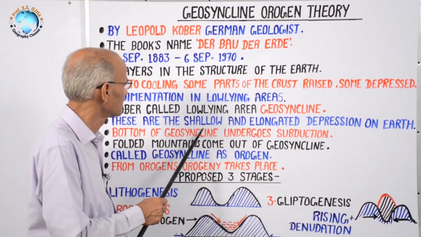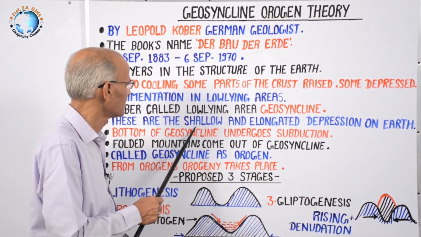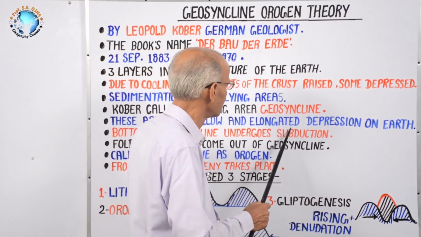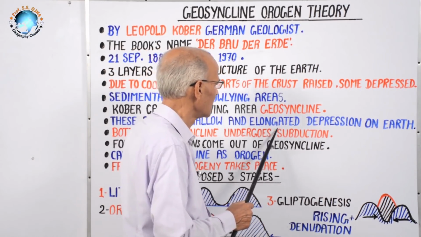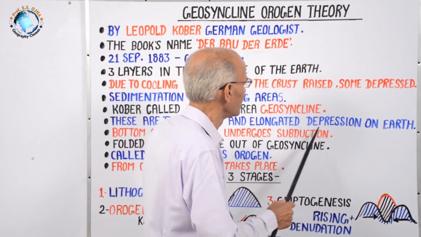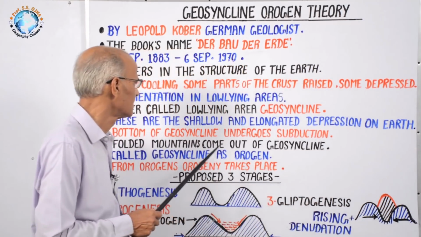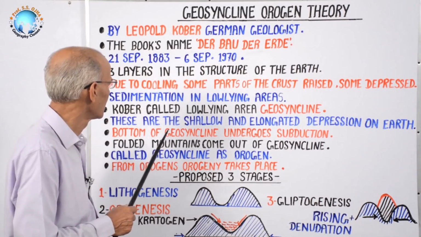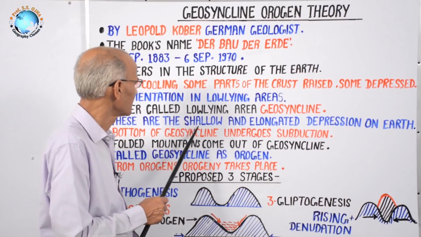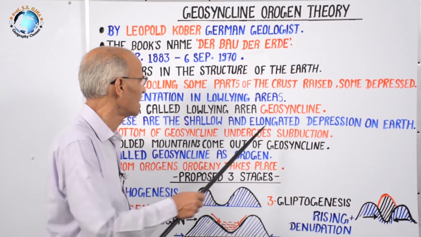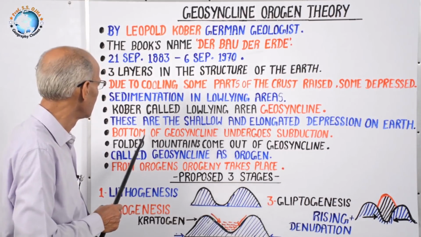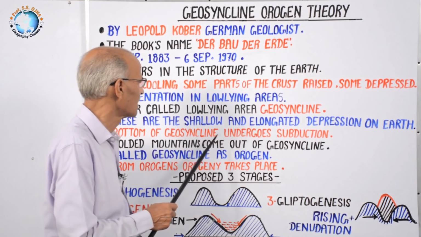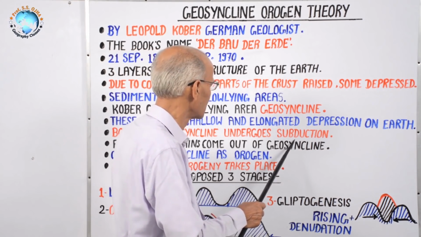What are geosynclines? He defined that these are shallow, not very deep, and these are elongated, not of circular shape. Elongated means long shape. Depressions means low-lying areas. So the definition given by KOBER of geosyncline was that these are shallow and elongated depressions, and due to sedimentation the bottom of geosynclines underwent subduction.